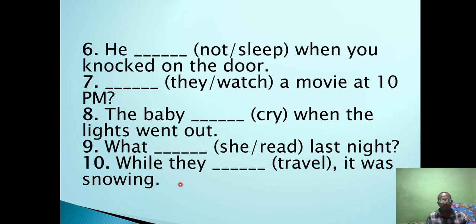That is good. Try. I guess that you are trying to give an appropriate answer for questions from number 1 up to number 10. Good. I'm giving you minutes for doing the activities.